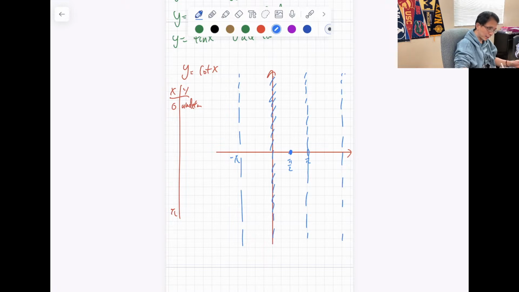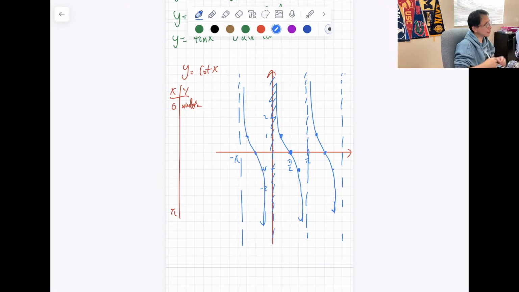So we're going to say this is 1 here, and this is 2, and this is negative 1, and this is negative 2. So it's actually like this, and like this, so the graph's going to be like this. Just like a tangent graph, but the other way. And there goes the cotangent graph.